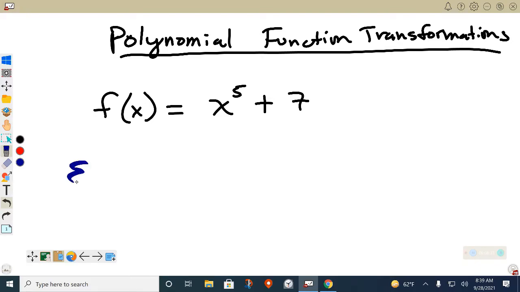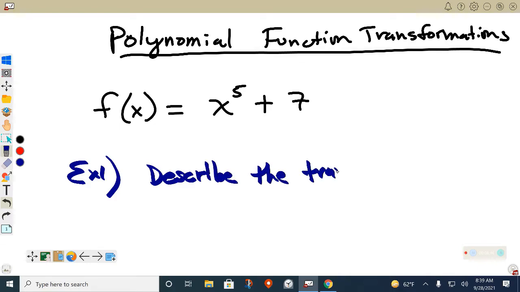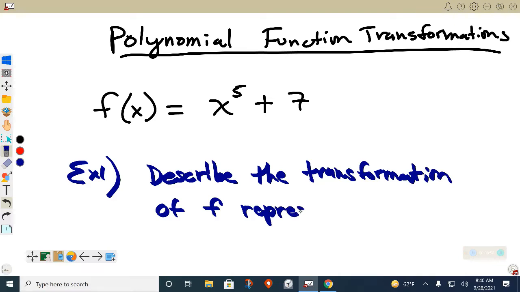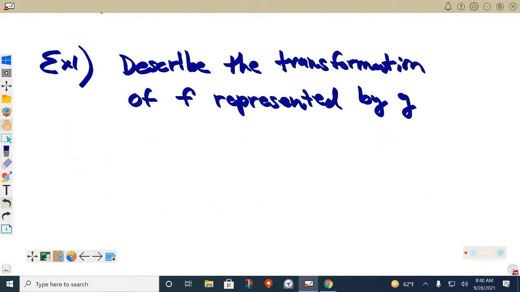Let's go to write example 1 here. Describe the transformation of f represented by g.